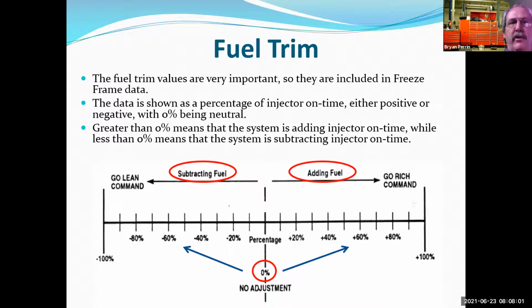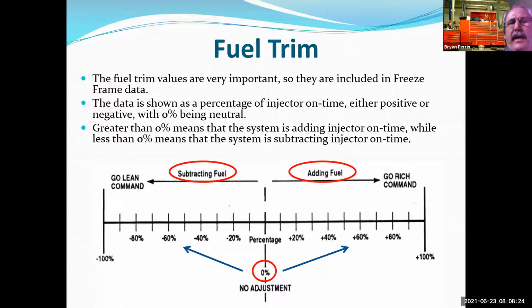So I want you to get out of your head that we're adding fuel. Yes, the intention of the computer is to add fuel through increasing on time, but it doesn't necessarily mean we're adding or subtracting fuel. And the reason why I point that out is it opens up other possibilities. Was it adding fuel, or is it adding on time? It's adding on time.